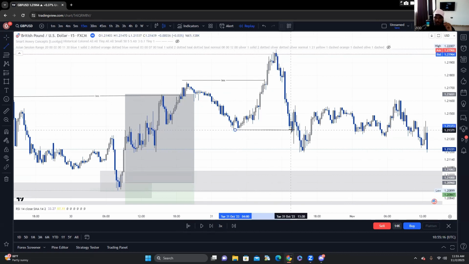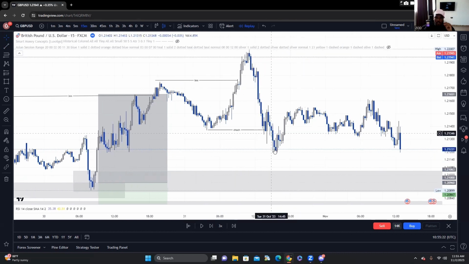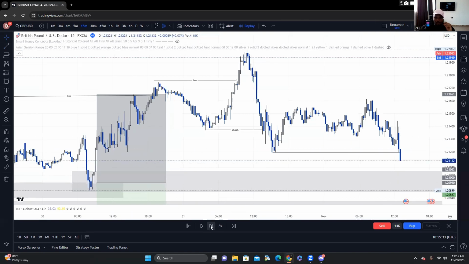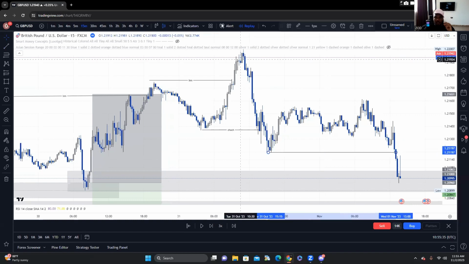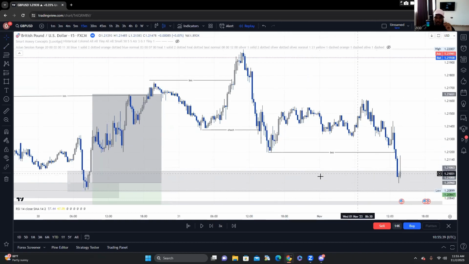We had a change of character here, right? Followed by what? So this is the new low right here. So we need price to come and raid this low. And that was it here. This was a further break of structure to the downside. Then what happened? Price tapped into this area nicely.